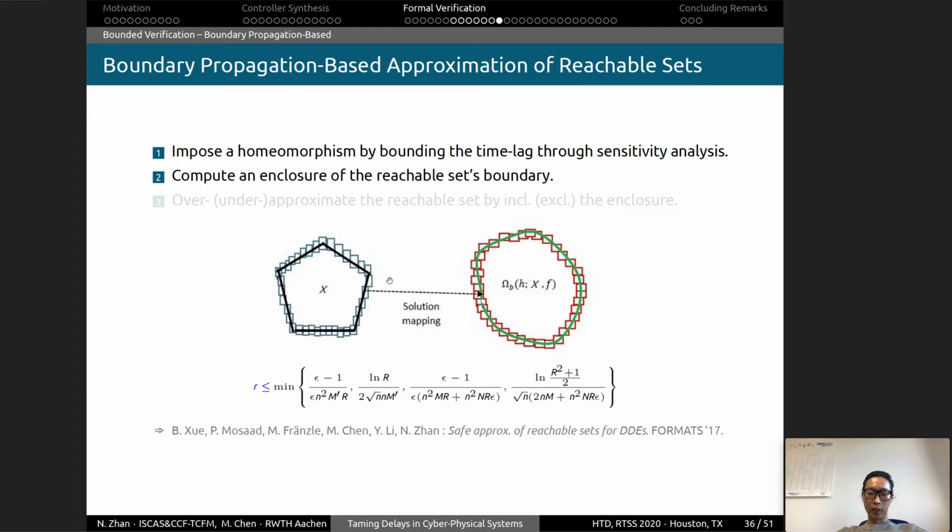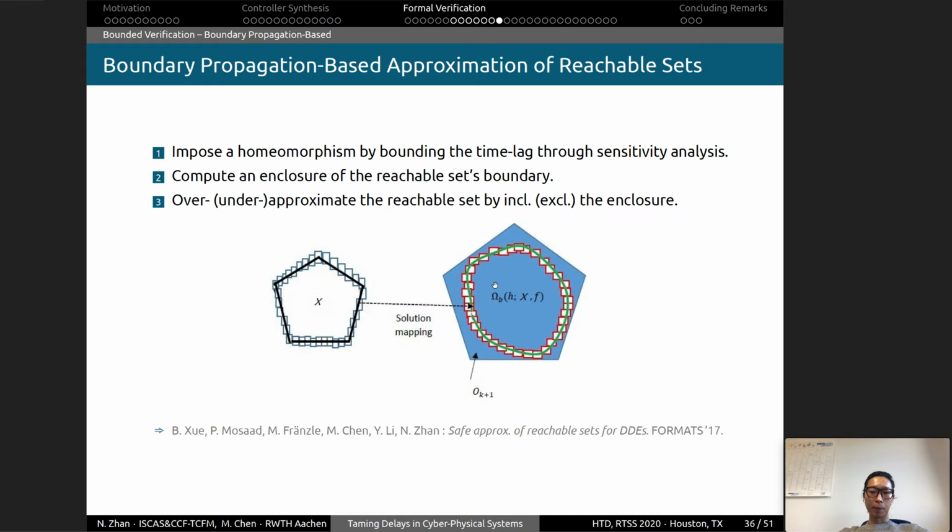So with that nice property, we only need to deal with the points on the boundary instead of all the points within the initial set. So if we can compute an enclosure of the reachable set's boundary in this way, then we are able to compute the over approximation of such reachable sets, which is the blue area, by simply including the enclosure using some, say, convex shapes.